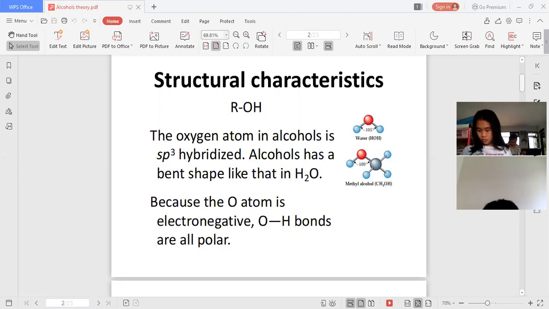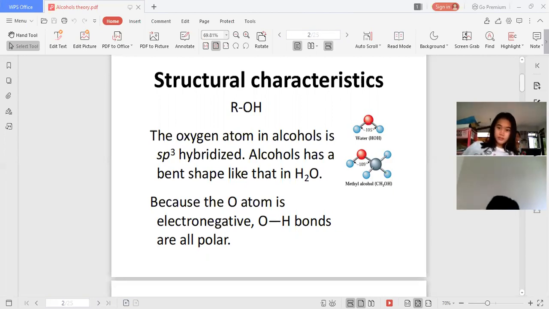sp3, does it have a sigma bond or a pi bond? Natasha, do you still remember? Is it sigma? Yes, correct. sp3 sigma bond. Because the oxygen atom is electronegative, the O-H bonds are all polar.